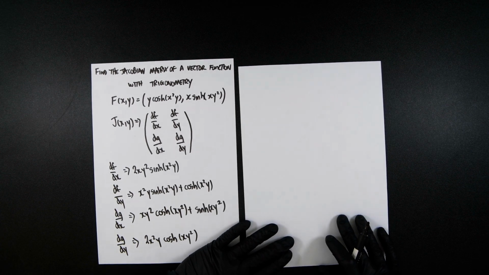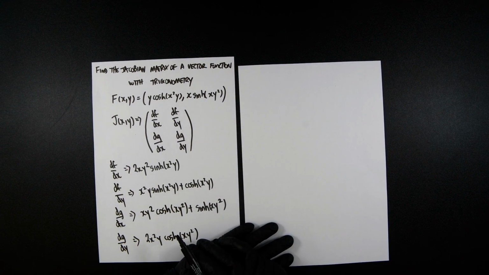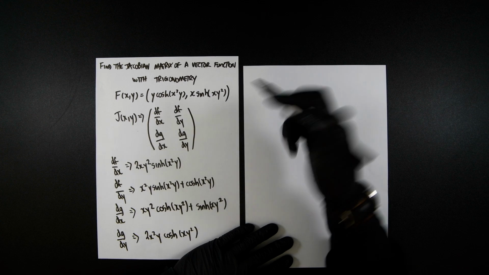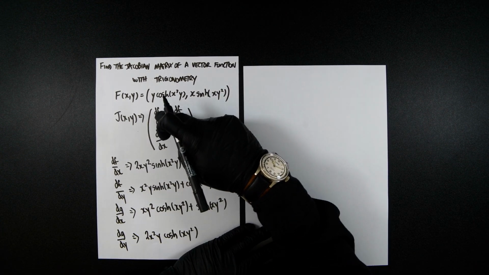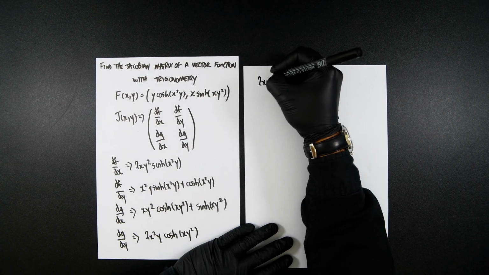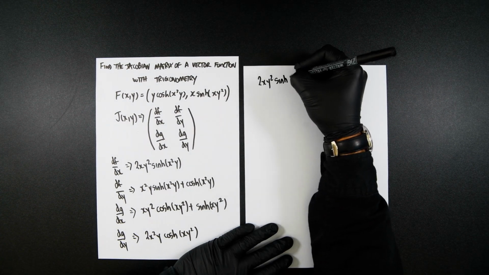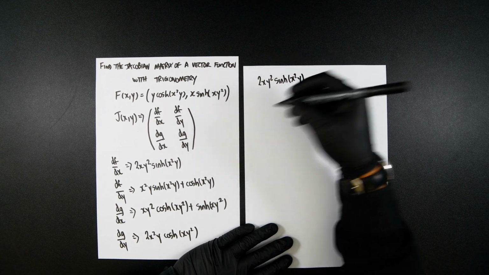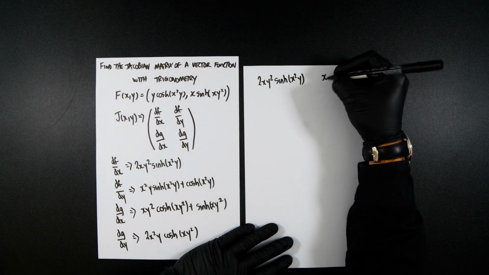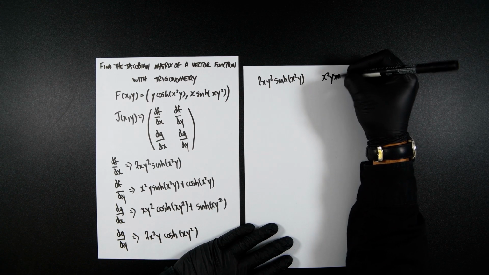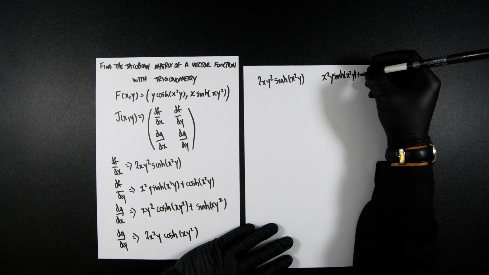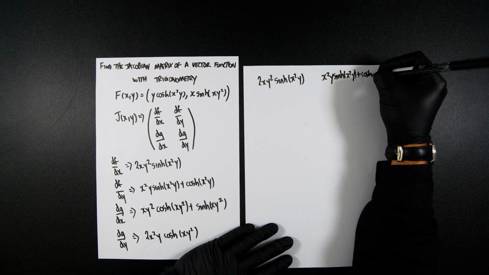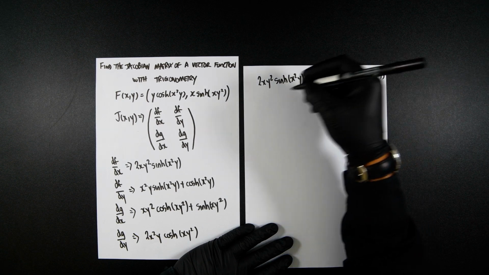Nice and easy final part now. We've done all the hard work, we've done all the partial derivatives, so now we're going to put it into the matrix. So we would get df/dx, go here, so you're going to get 2xy squared sinh(x squared y). df/dy, which is here, you're going to get x squared y sinh(x squared y) plus cosh(x squared y).